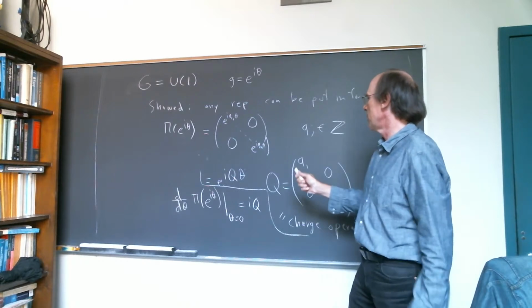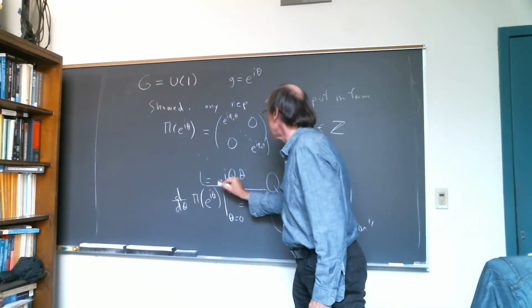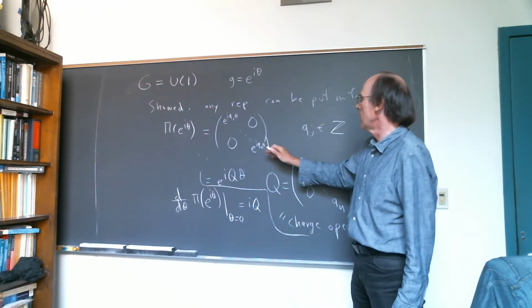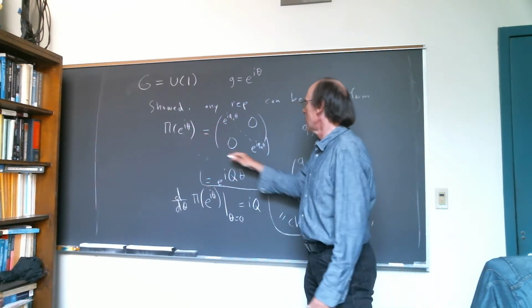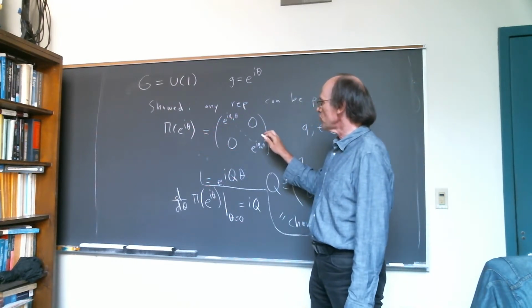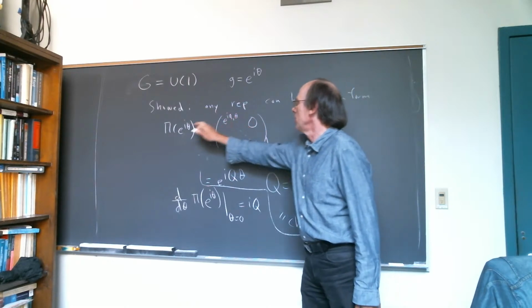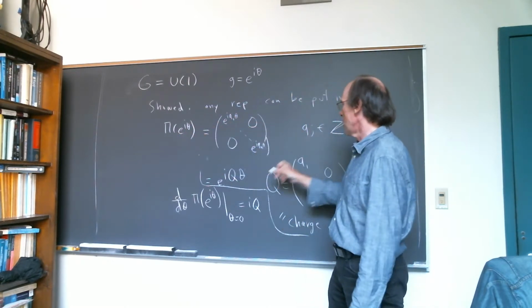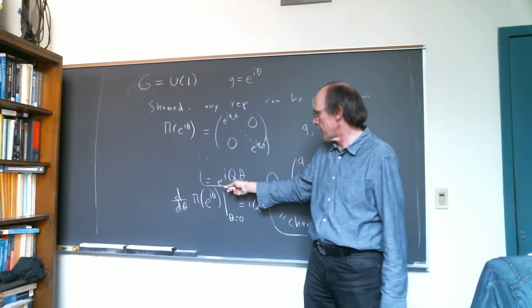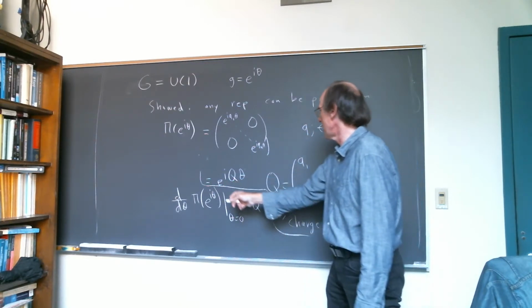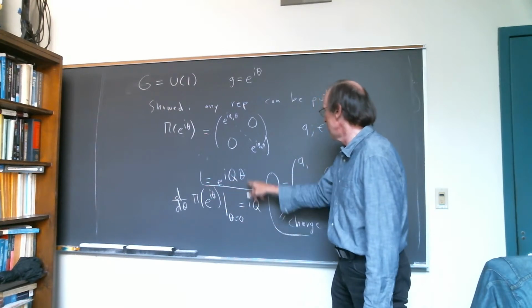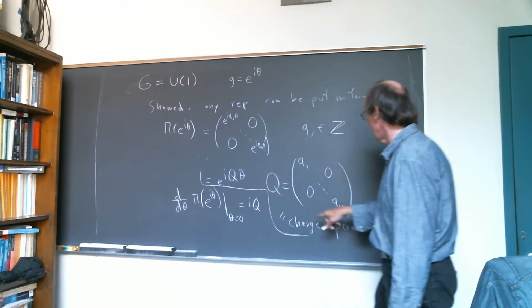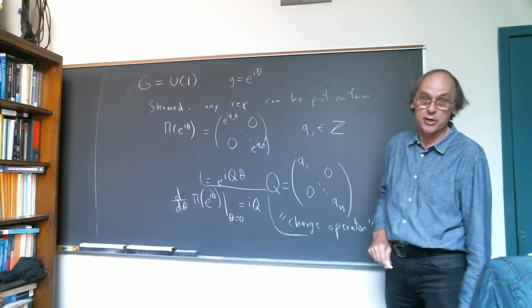And the point I wanted to emphasize is that you can think of these representation matrices as exponentials of something fairly simple, exponentials of I Q times theta, where Q is just this list of integers.